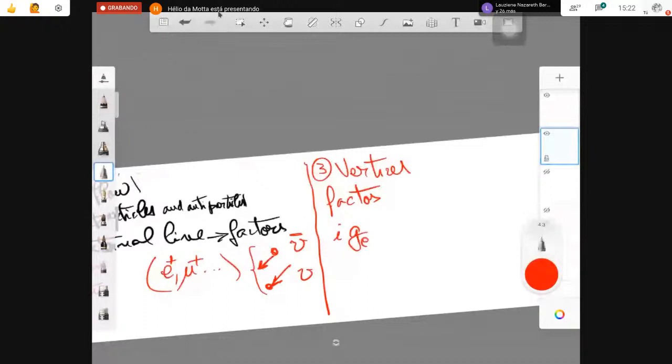For each vertex, you have to include this factor here, i g_e gamma^mu. Now I have to call attention to an important fact that I said before.